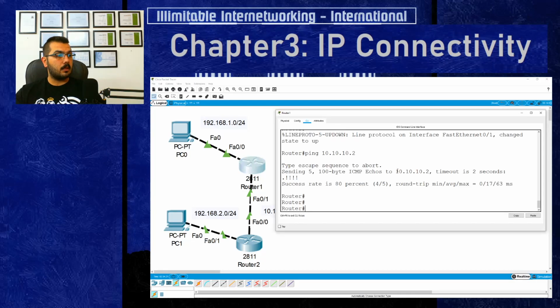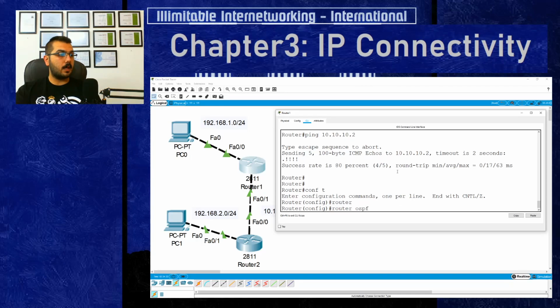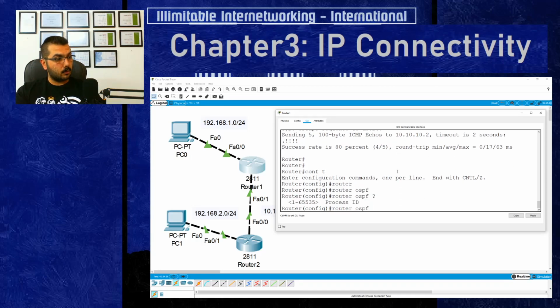How will this be accomplished? Configure terminal. To get inside the hierarchy configuration of OSPF, you will type router ospf and something mandatory, which is the process ID. It's a random number, must match on both sides, but it's a random number, from 1 up to 65,535.